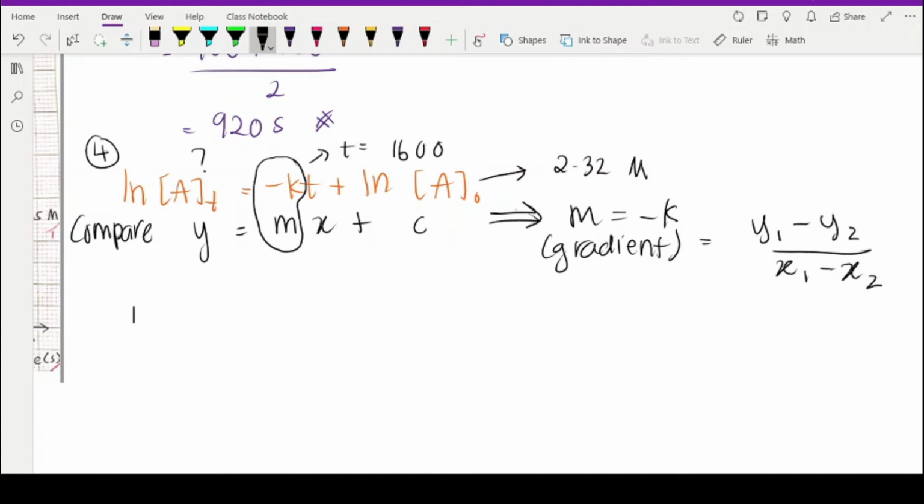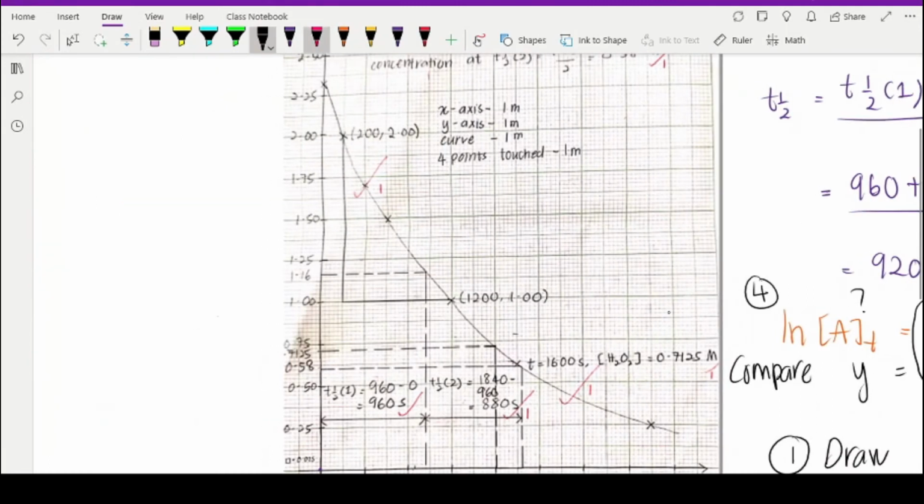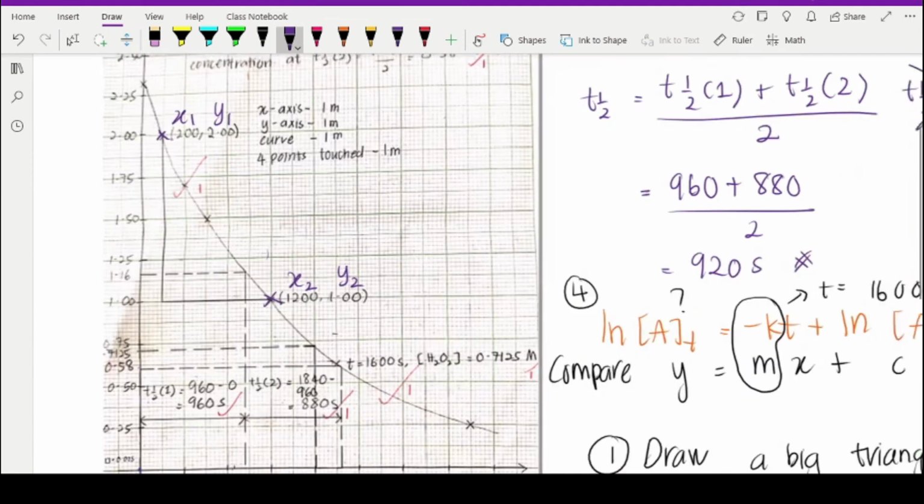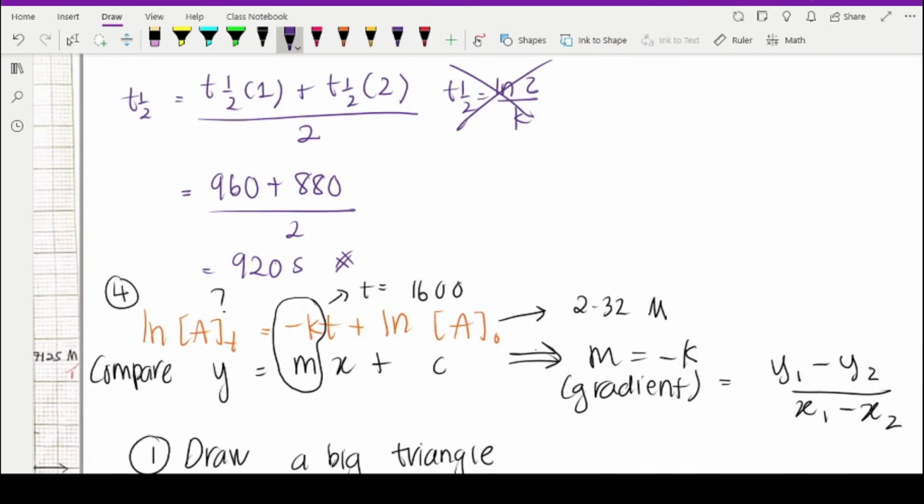What you need to do first is to draw a big triangle on your graph. For me, I've already drawn it, and I've selected these 2 points as our x and y. So this 2.0 would be our y1, and this would be my y2, x1 and x2. So include these numbers into your gradient formula.